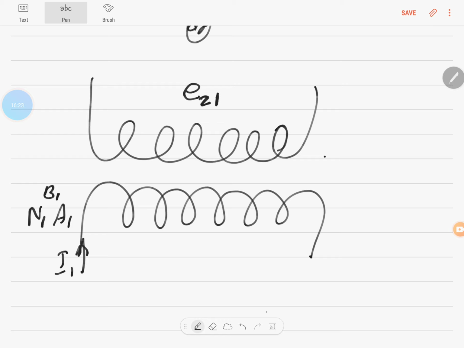So let us write what is E21. You know the number of turns in the second is N2, and the area of cross section is A2, and the current that's flowing here is I2, and the magnetic field produced by this is B2.